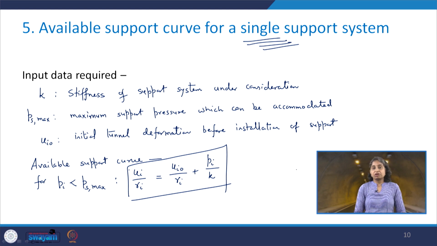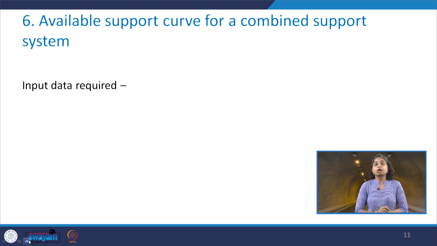Now, this single support system can be maybe the shotcrete or blocked steel sets or the rock bolts. In case the requirement is such that you need more than one support system for a single application, then we need to go for the combined support system, and therefore we need to obtain the available support curve for such a system.